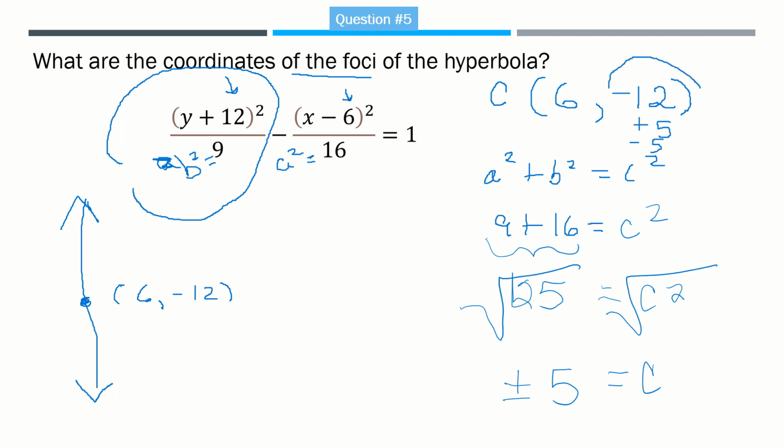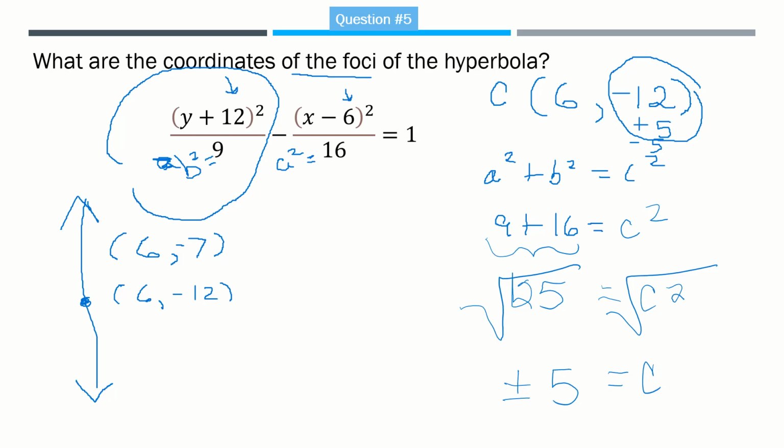We're going to be going up and down parallel to the y-axis. So -12 plus 5 is going to be 6, and 7, 8, 9, 10, 11, 12, -7.